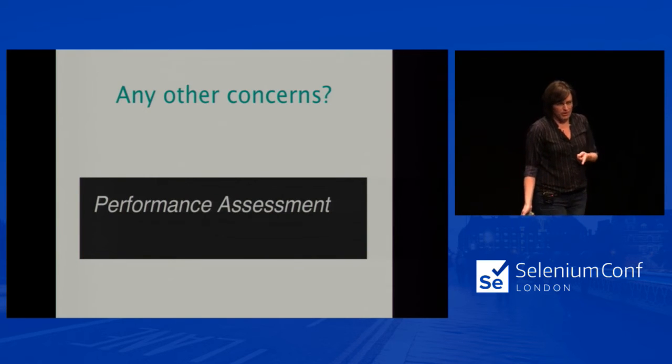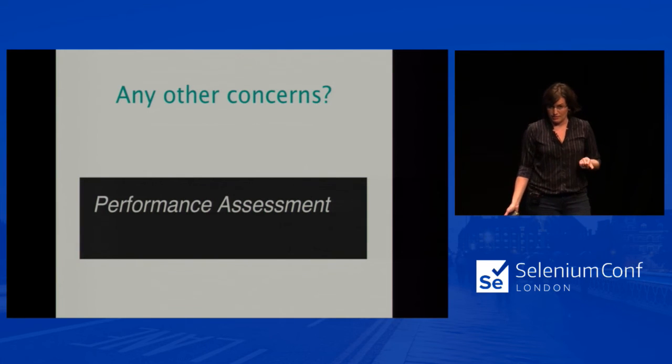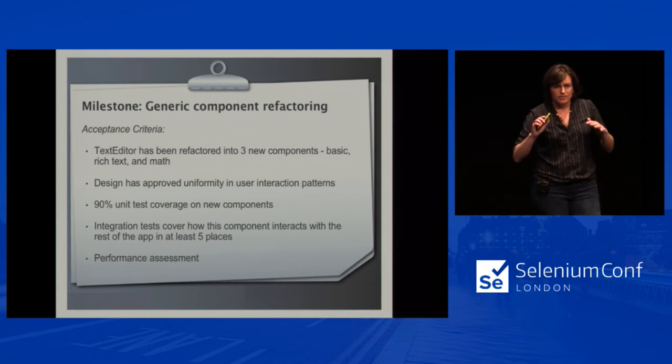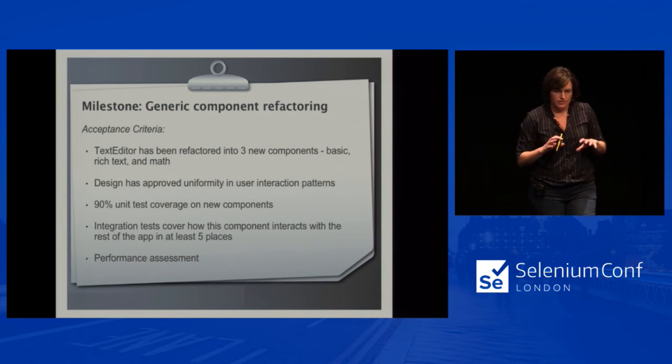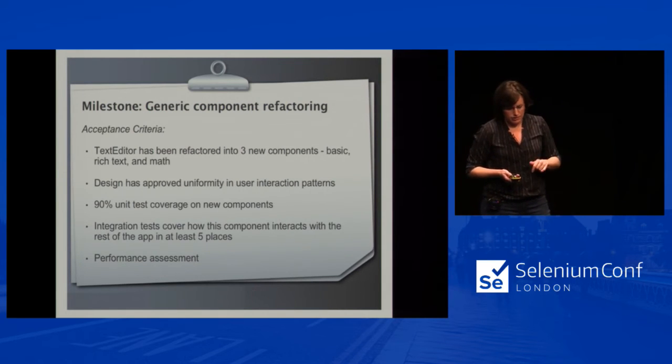Well, we remember that people weren't very happy with this component, and we know our app has performance issues in general, so we want to add a performance assessment in here as well. So now we've got our acceptance criteria written, and remember, these are really high level for the milestone. And now the team can start breaking this down and writing stories about it and getting estimates and moving forward.